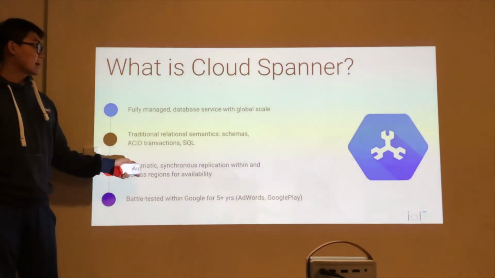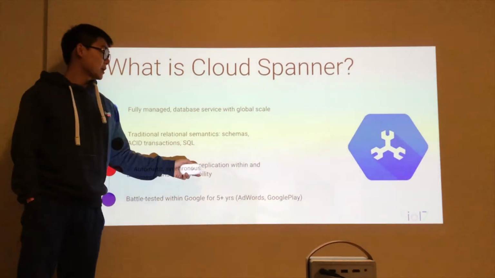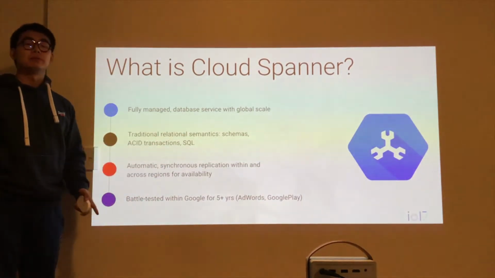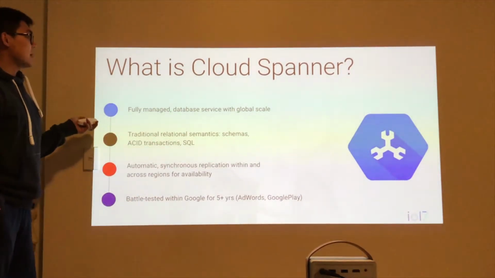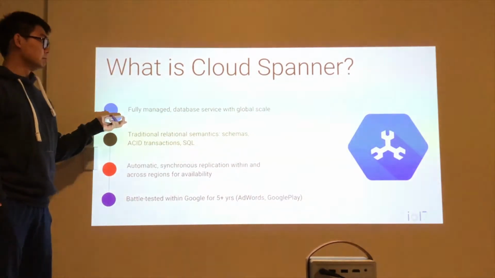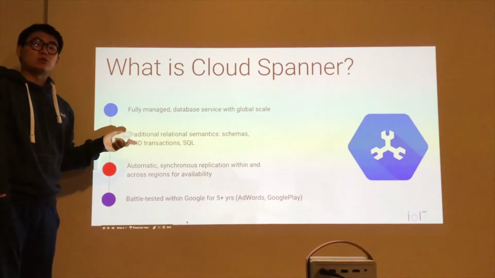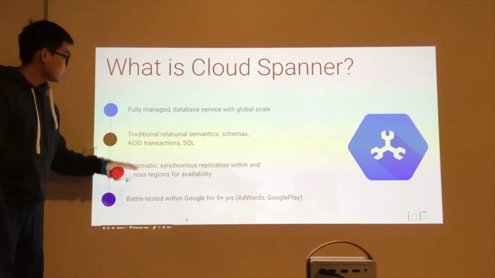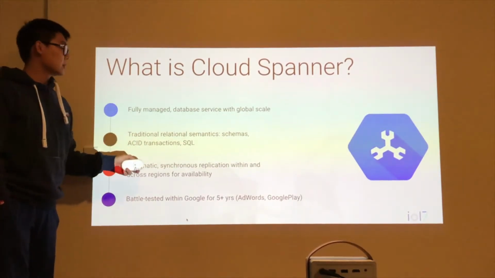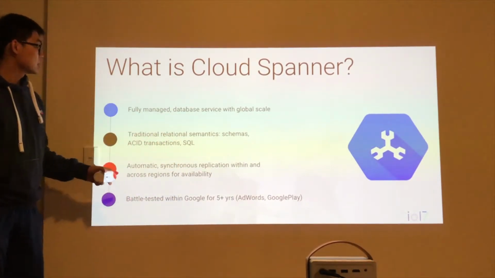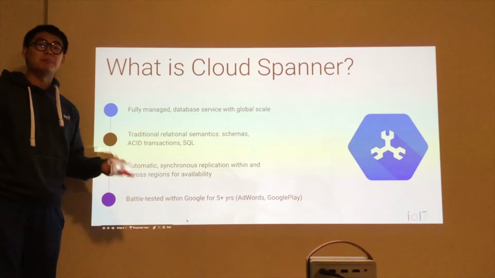And also it is automatic. It has synchronous replication within and across regions for availability. So to sum up, Spanner is a globally distributed database with scalability, with support for traditional relational databases, and it also provides autonomy, replication, and high availability across regions. So in a word, Spanner is powerful.